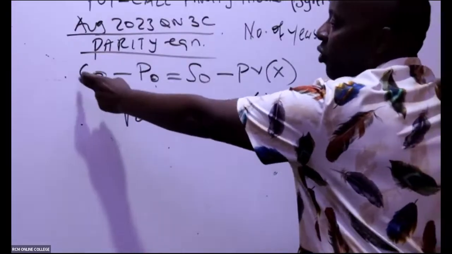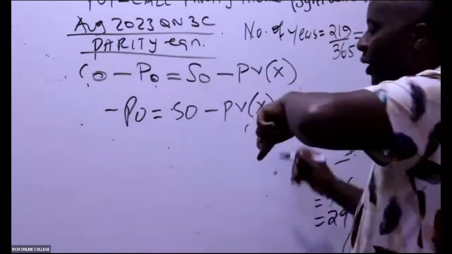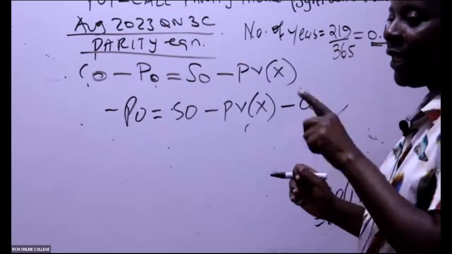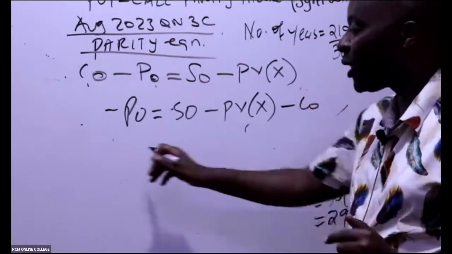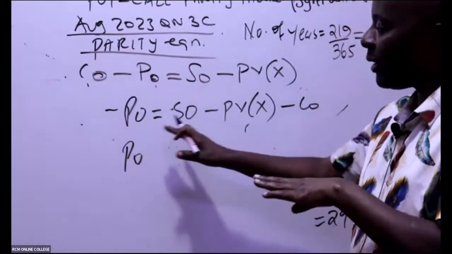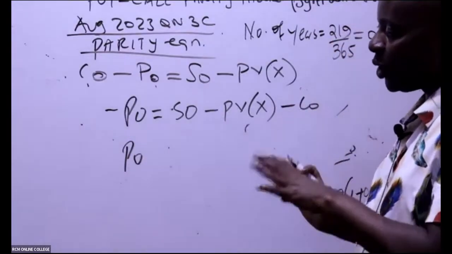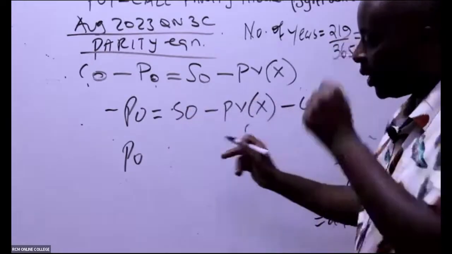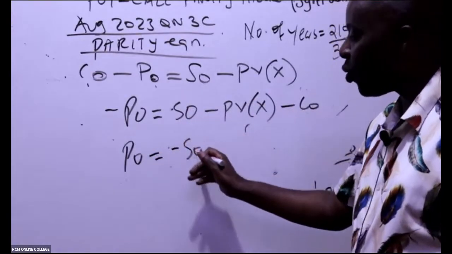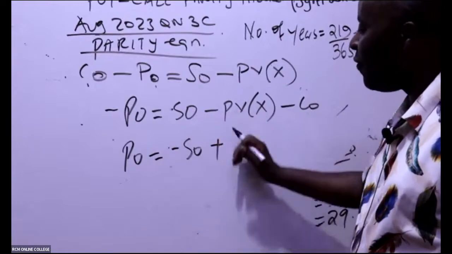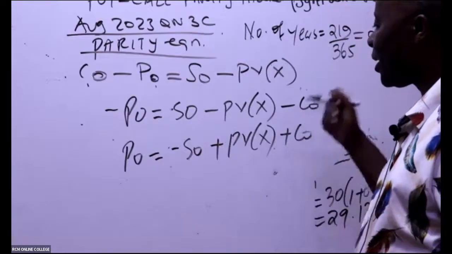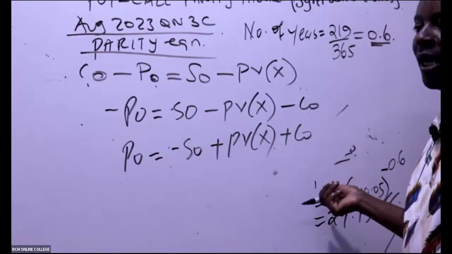Upon crossing over here, it's positive. When it crosses over, it becomes what here? Minus. But you see now, I don't want a minus PO. I only want positive PO. So then all the terms here, we have to change their signs. You divide by minus 1. So then this one here will be minus SO. This will be plus PV X. And then this one here will be plus CO.